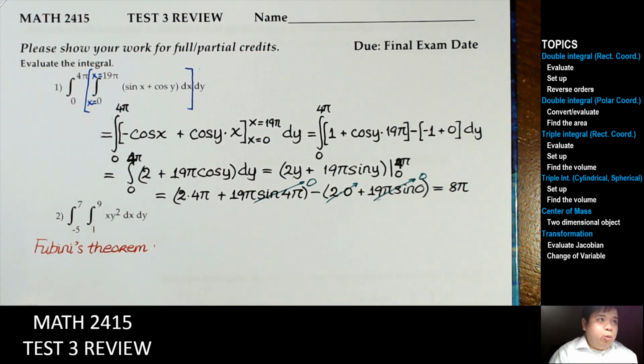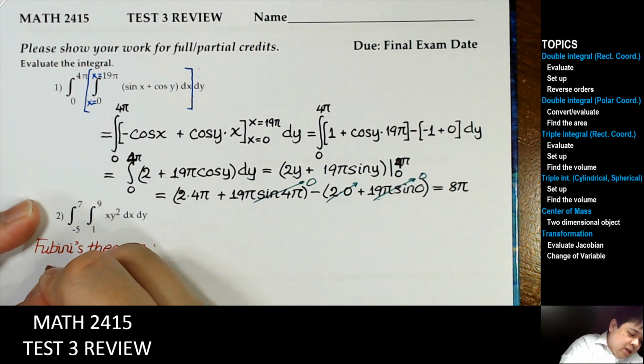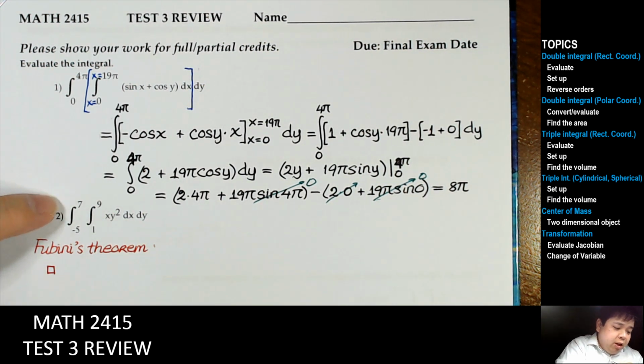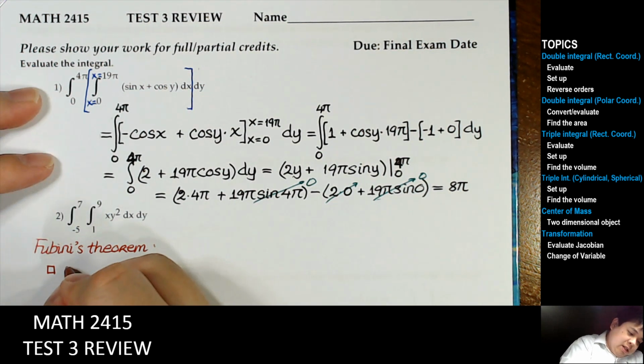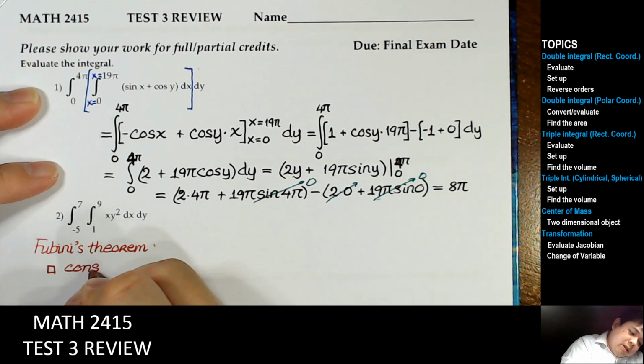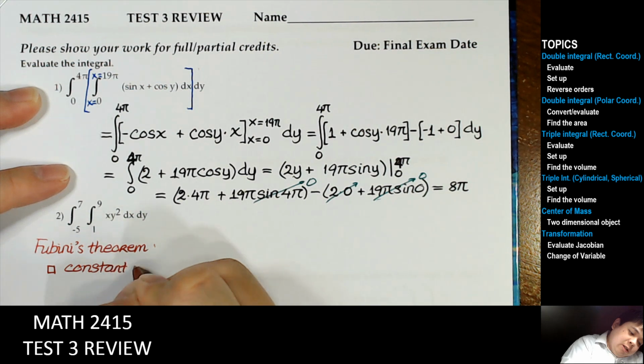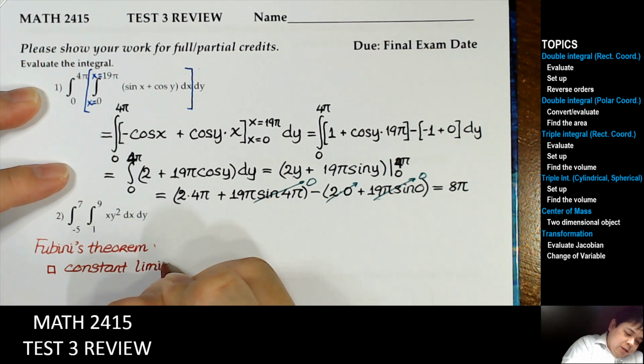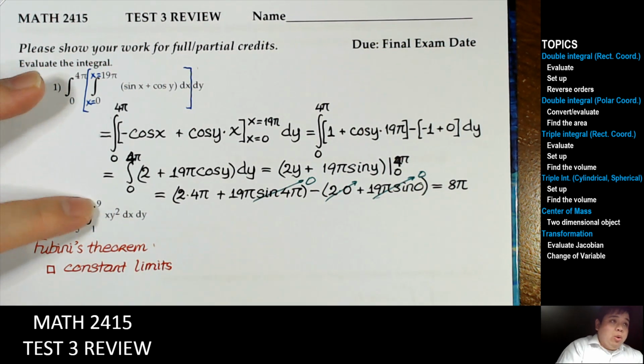In order to use Fubini's theorem, two things must hold. We must have constant limits, which we do have here.